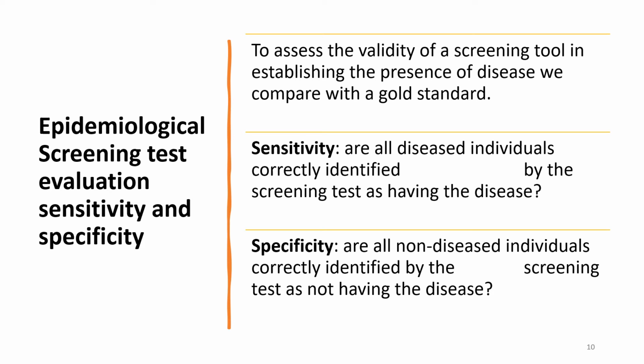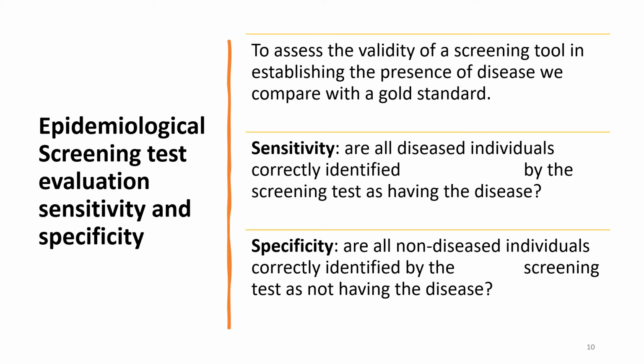Okay, so the question you ask when you're talking about sensitivity is, are all the diseased individuals correctly identified by this test as having the disease? That is what we call false negative and false positive test. Someone goes for a malaria test, you don't have malaria, but the test comes out to say you have malaria. That is a false positive test.